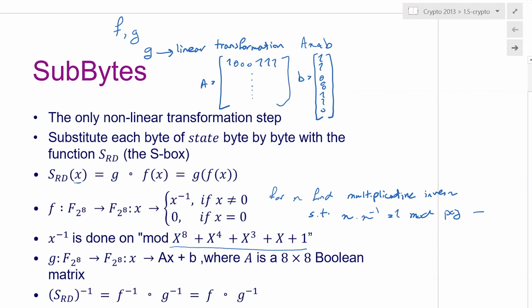A is a fixed matrix, it is given. B is also a fixed matrix, it is given. So we take this x inverse and substitute it for this x over here, and just compute this linear transformation. And done, that's it. We have now computed all of the computation for substitution byte.